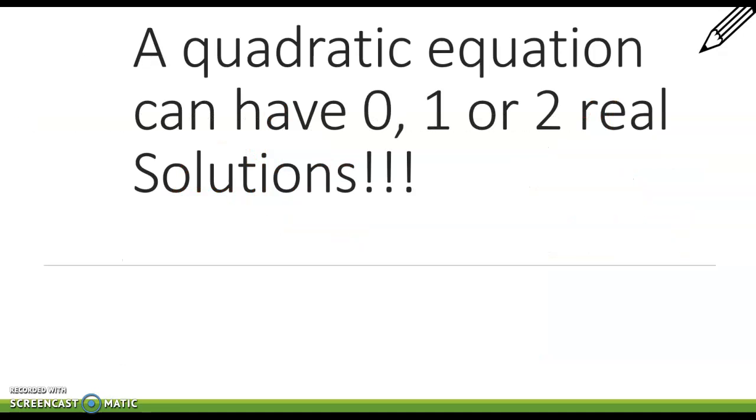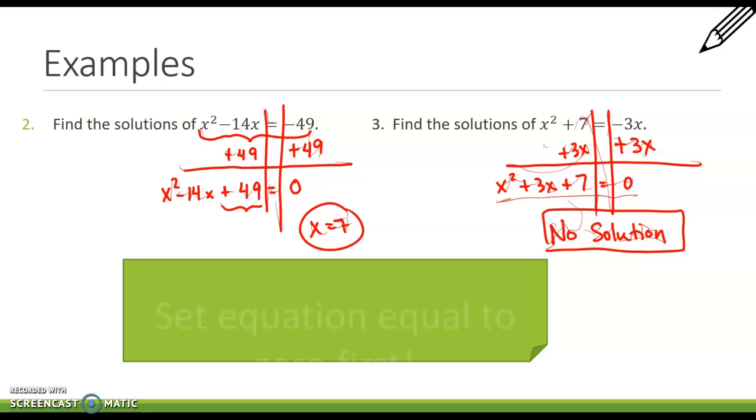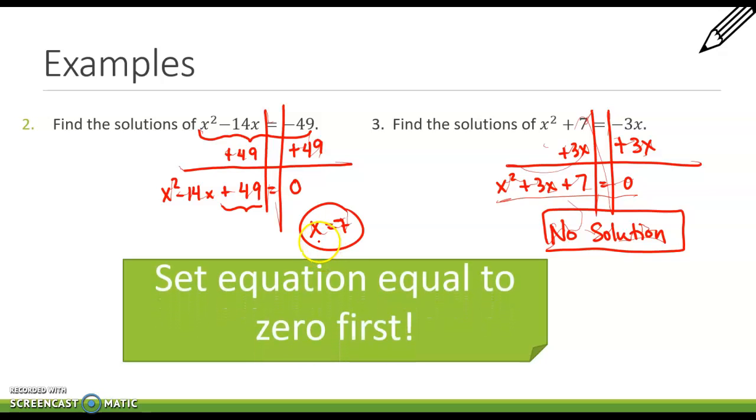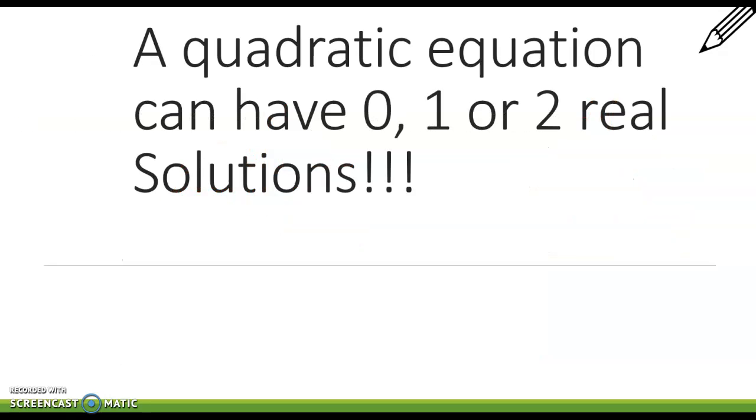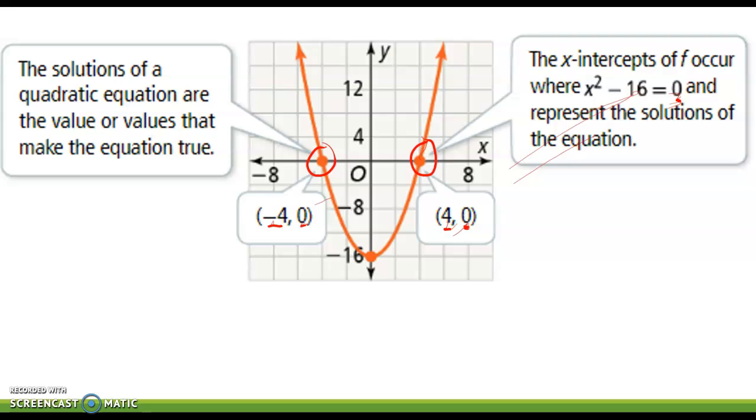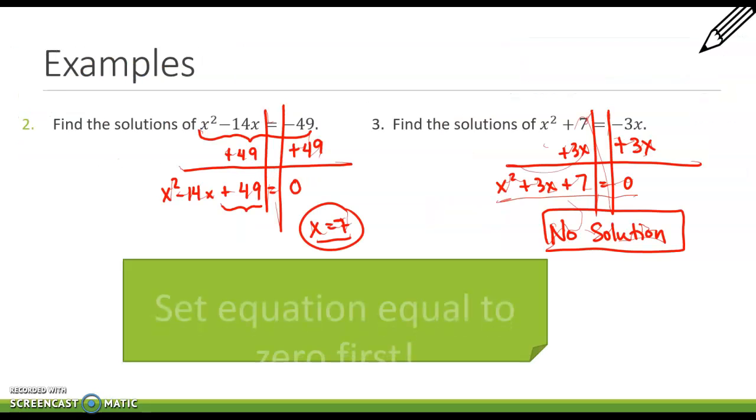It is possible for your quadratic equation to have 0 solutions. It is possible for it to have one solution. We saw that with this problem, where we had one solution, x equals 7. The vertex was on the x-axis. Possible for my quadratic equation to have 2 solutions. We saw that with this problem, where it crossed the x-axis twice. So we had 2 different solutions to the problem.